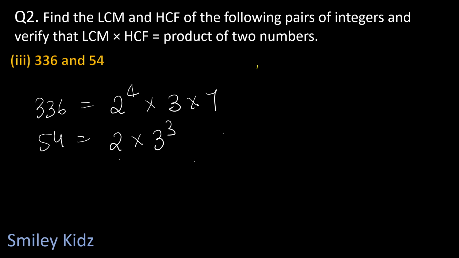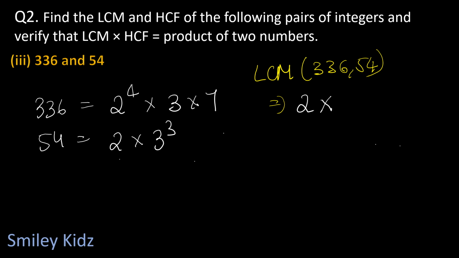Now what will be the LCM of 336 and 54 equal to? It will be equal to the product of the highest powers. First of all, I'll write all the numbers included in the prime factorization of both the numbers, right? So 2, 3 and 7. Only 3 numbers are included, right? Now let's find out the highest powers of each.